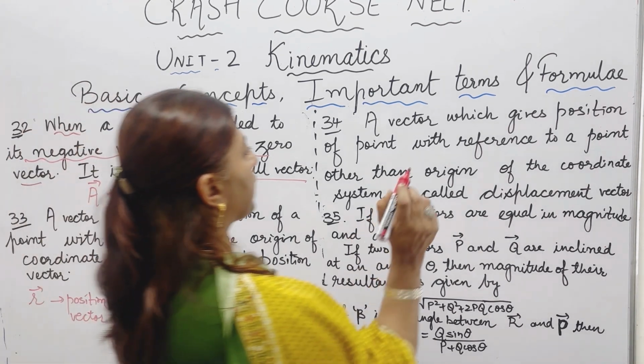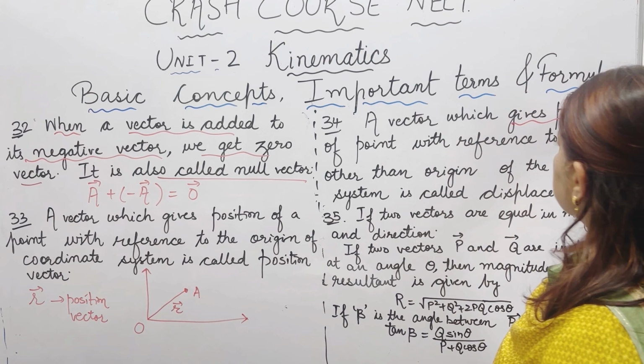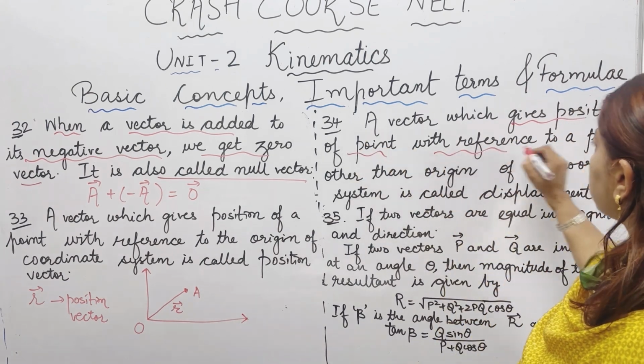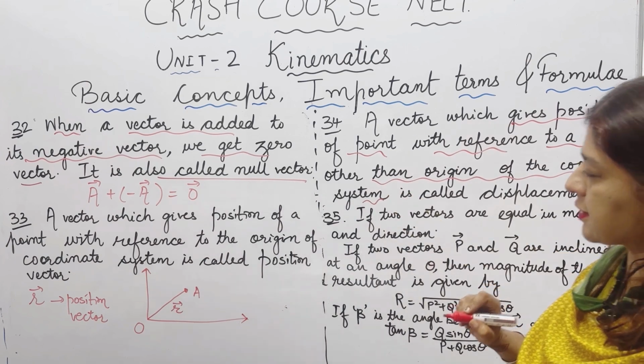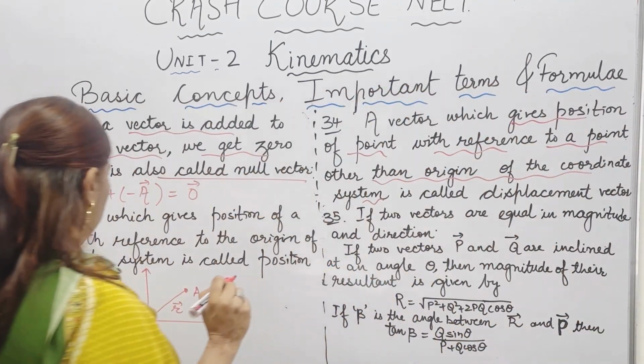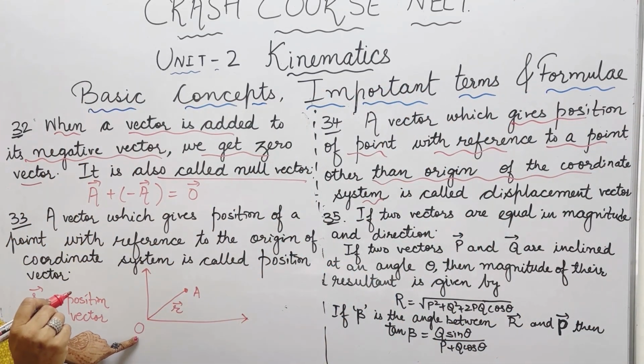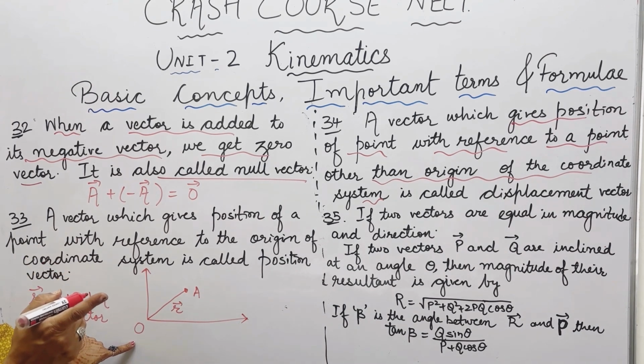The next is a vector which gives the position of a point with reference to a point other than the origin of the coordinate system. O is the origin of the coordinate system, and we have to mention the position with reference to a point other than the origin.